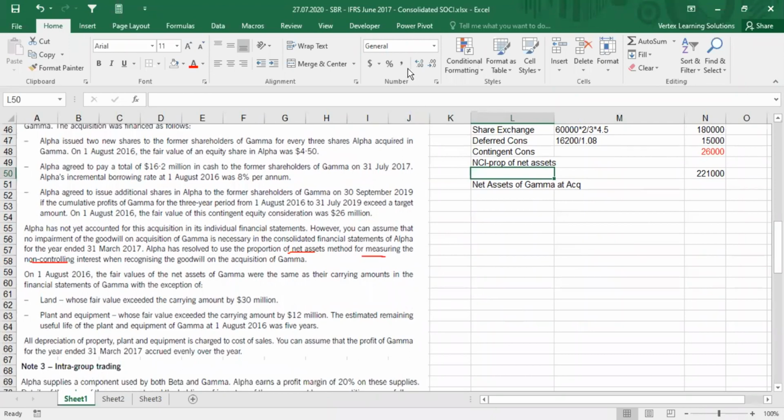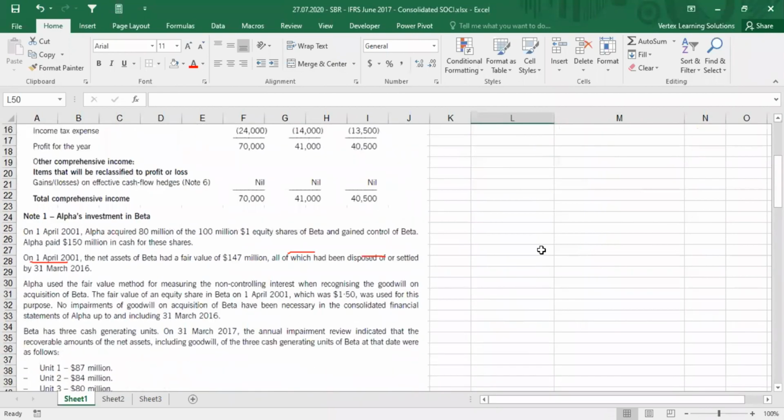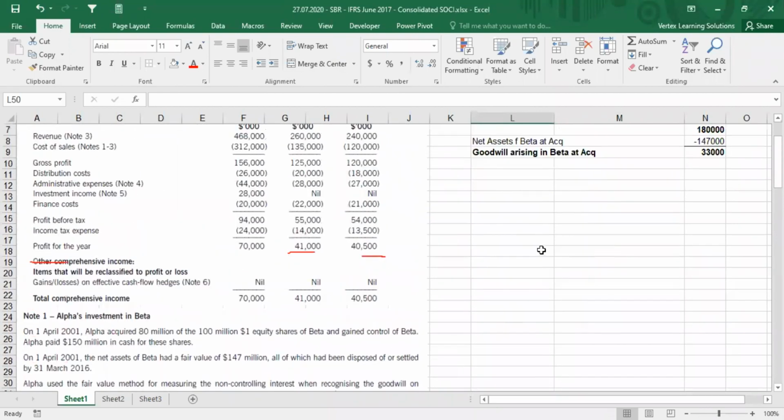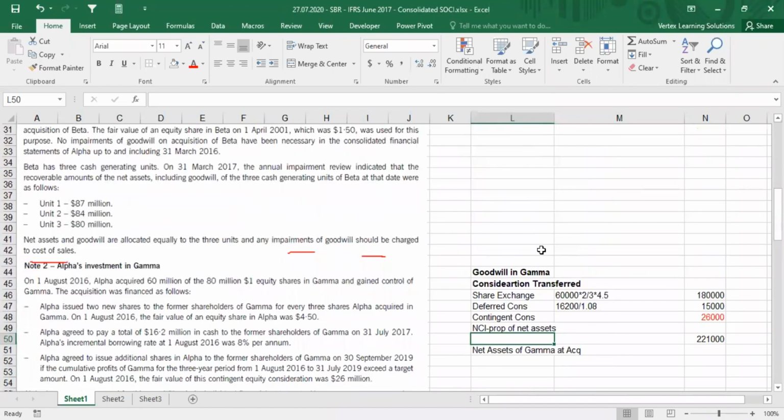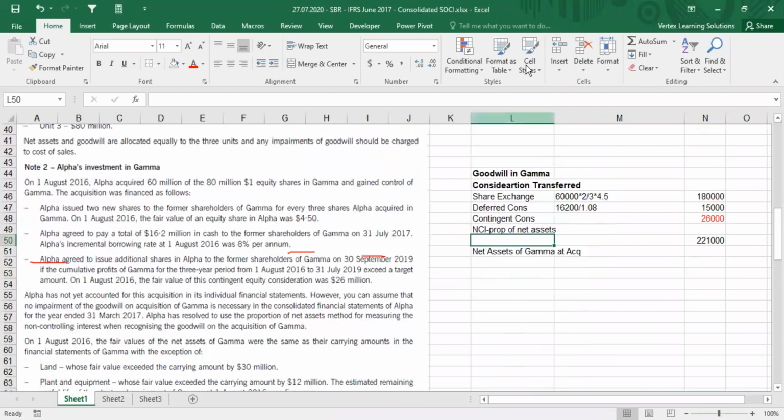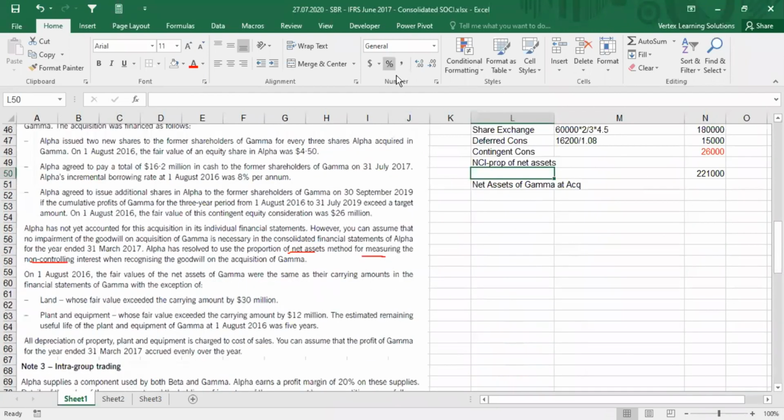Okay, let's start reading it. By the way, what were the net assets? Okay, let's keep on reading. Proportion of net assets.